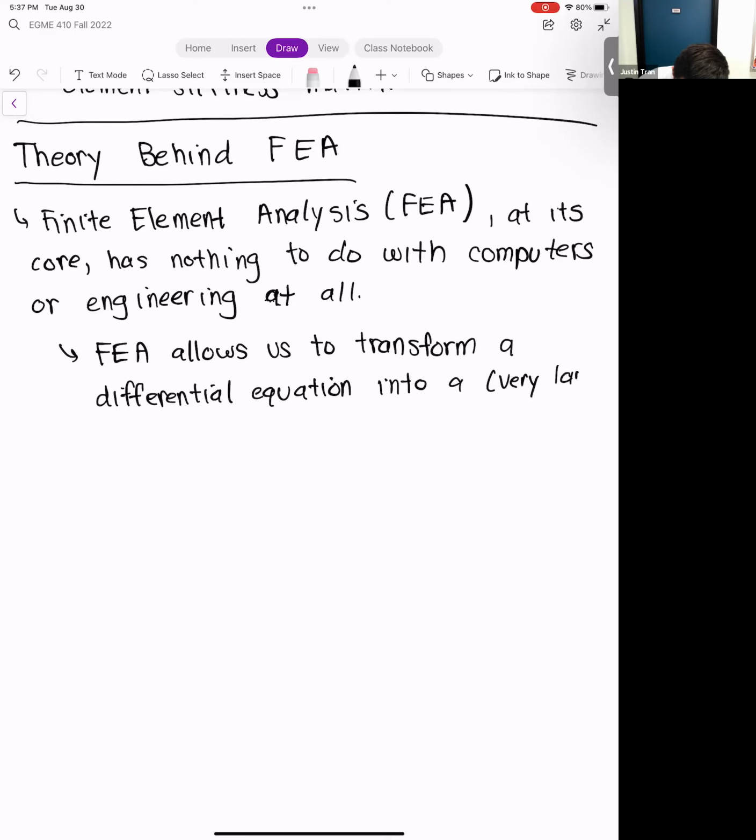Okay, and I'm going to put a qualifier here. It's not just any system of algebraic equations. It's a very large system of algebraic equations. So it looks something like this.